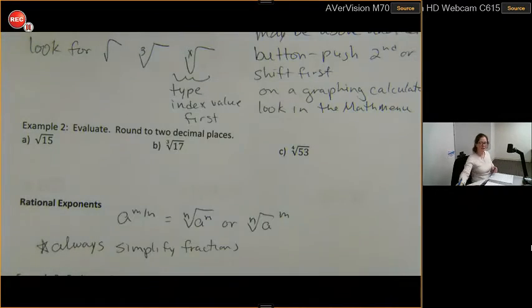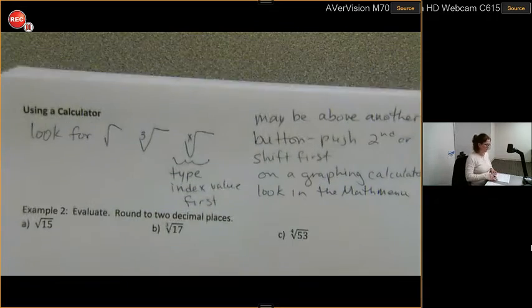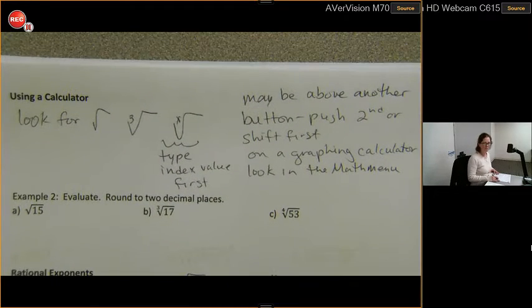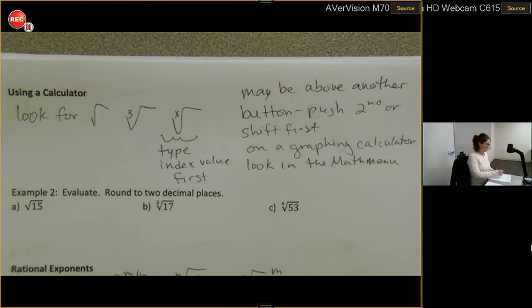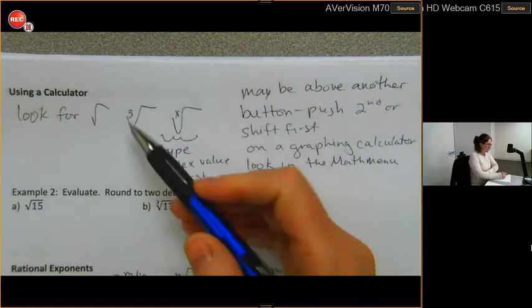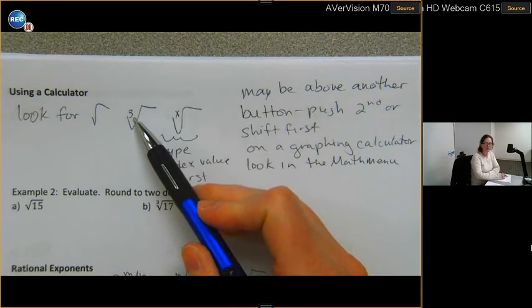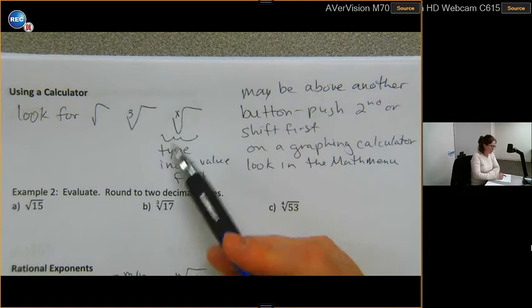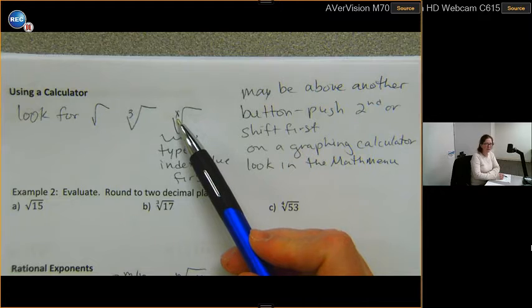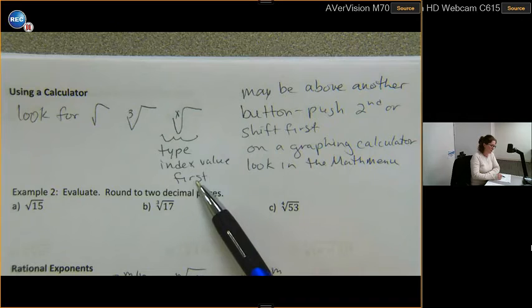Scientific and graphing calculators do have a radical key on them. You look for a square root symbol. Some calculators will have a cube root. Others will just have an x spot for the index. And if they have a variable in the index, then you have to type the index value first.